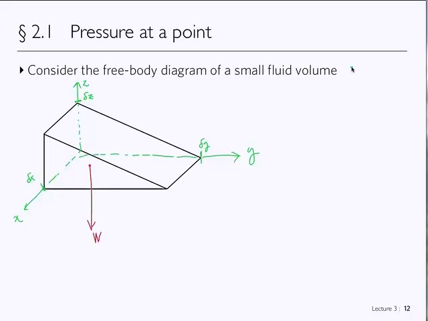And so the volume here is, we're taking only this wedge shape, so it's 1/2 of delta X, delta Y, delta Z. And the pressure forces, well, we have all of these different walls that we can look at.